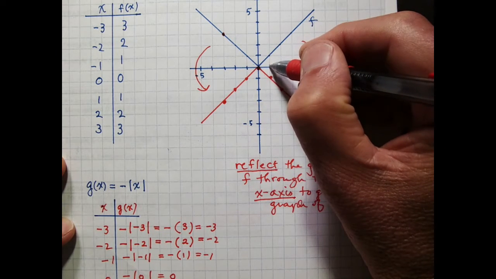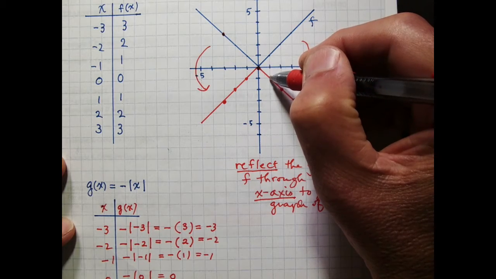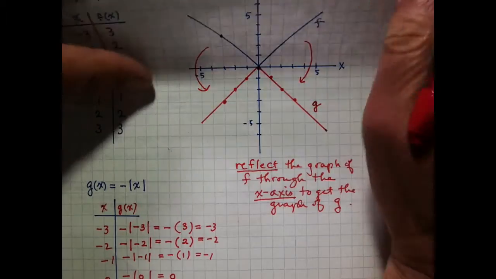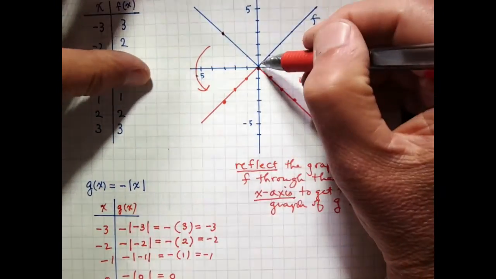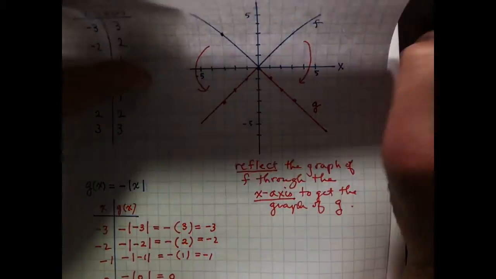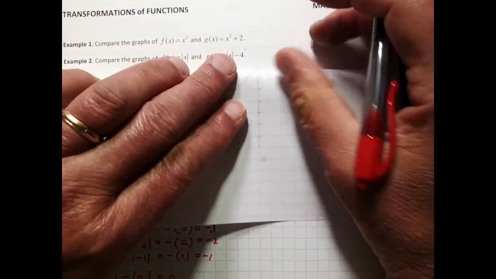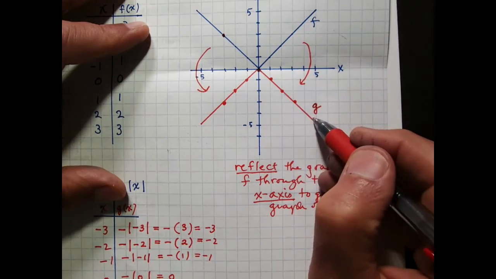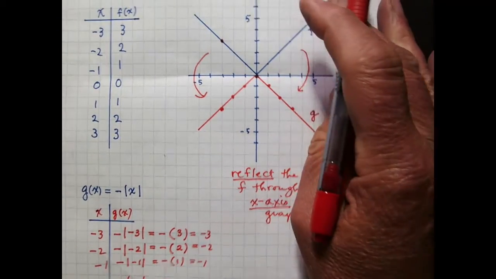If you just go down 1 unit to get to the x-axis, you continue 1 unit in the opposite direction. Or another way to think of it is I could just fold, say the ink was wet, my blue ink was wet. If I folded on the x-axis and pressed down, I would get an impression of the graph of g down below.